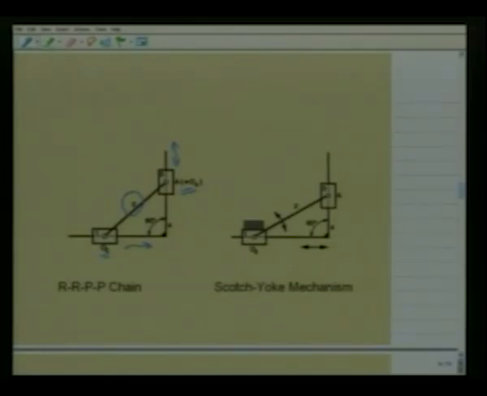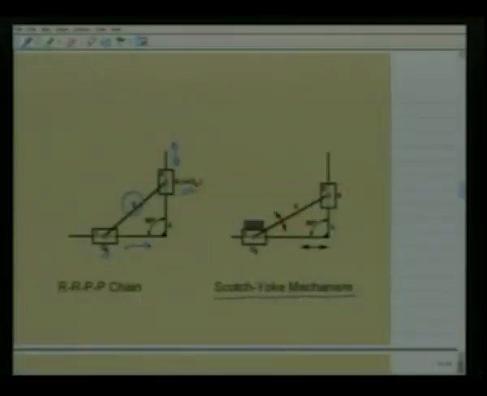This is the kinematic sketch. Let me show the physical construction of such a mechanism, which is known as a Scotch-Yoke mechanism. As you shall see, such a mechanism will convert uniform rotary motion of link 2 into simple harmonic translatory motion in the horizontal direction for link 4.